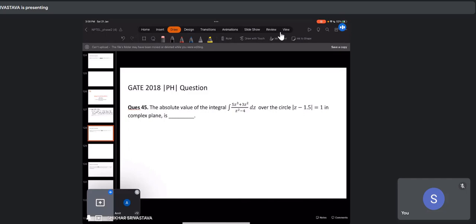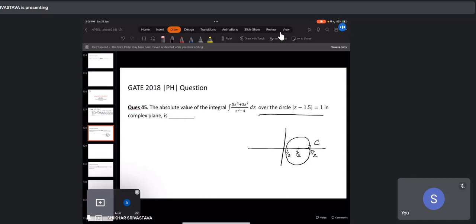You have been given some integral and you have to find the absolute value of this integral over this closed curve C, a circle centered at 5 by 2 with radius 1, so from 3 by 2 to 7 by 2. So this is your closed curve C, and you have to find this integral along this curve.